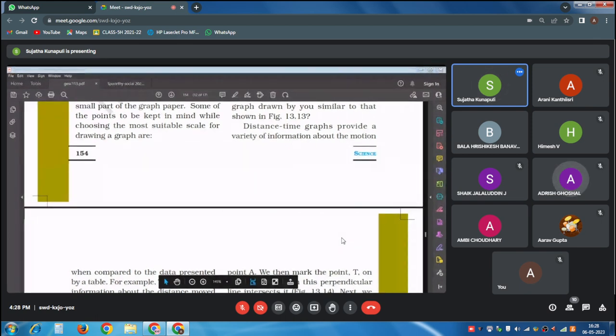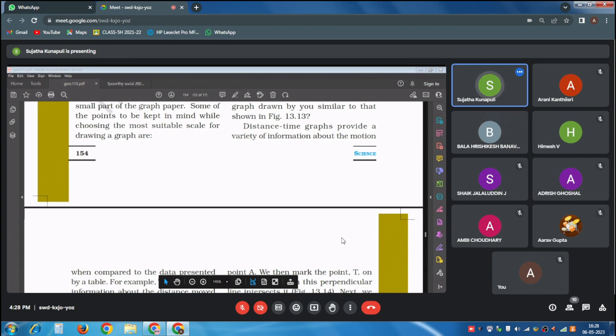Ma'am, today we should write question answers, no? I did not give question answers, right? Yesterday only I posted the question answers in the group. So next week we will go with question answers, or for now we will leave them.